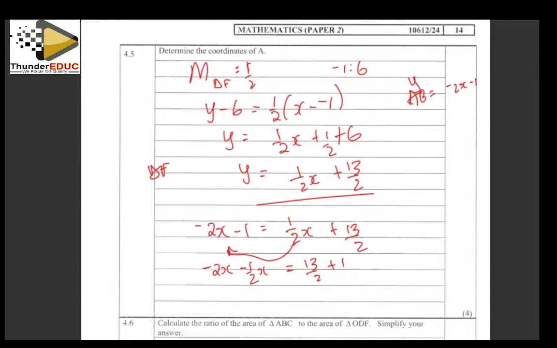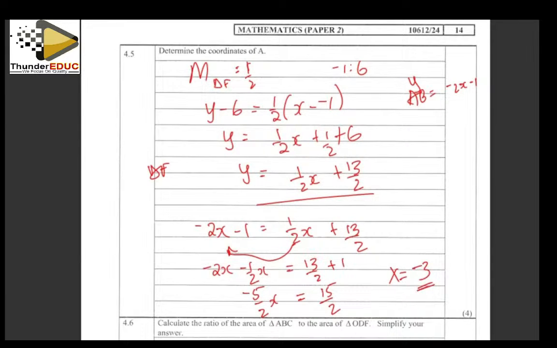So -2 minus a half is -2.5. So it's -5/2x is equal to, I simplify this, I have 15/2. Cancel the 2 out, then our x is going to be -3.